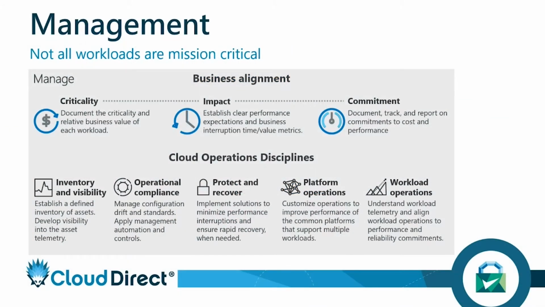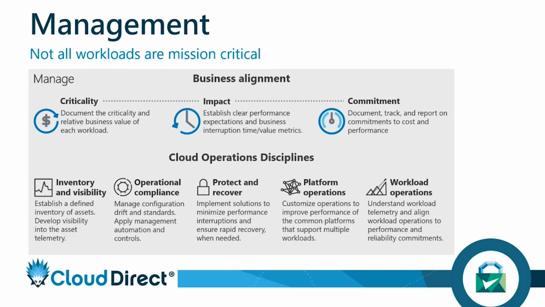Really just a bit of a pull back to what we looked at right at the beginning with the cash framework. So we've done this work up front. We've looked at the criticality of the workloads that we've got. We've discussed the impact on the business if those were to fail or we have interruption. And we've made a commitment as the IT department, as IT managers and CTOs, to say this is what I'll commit back to the business.